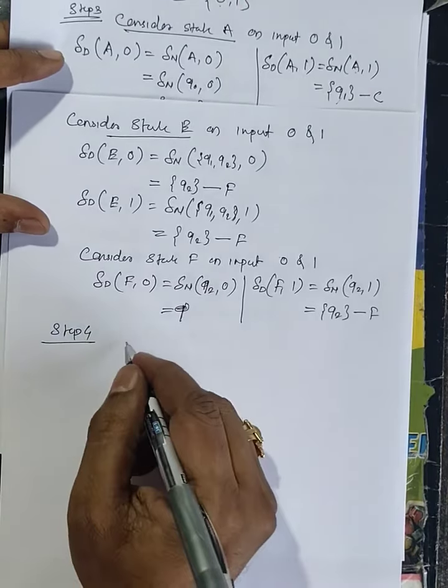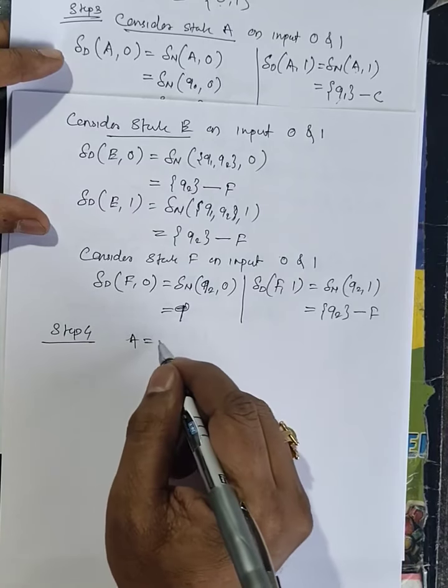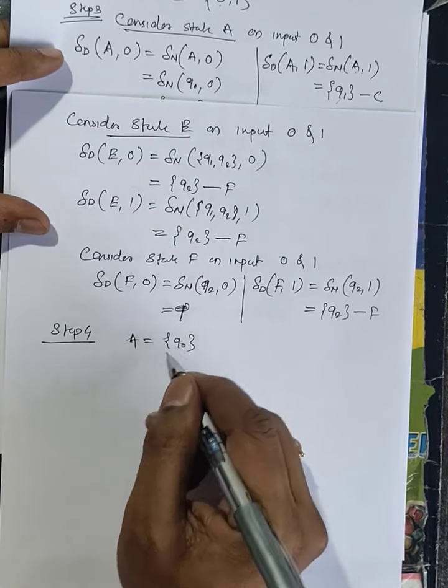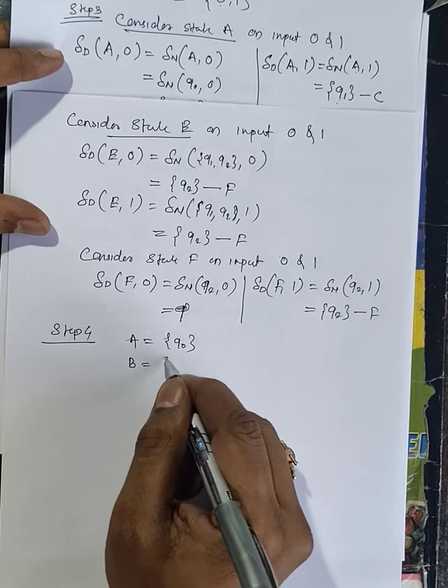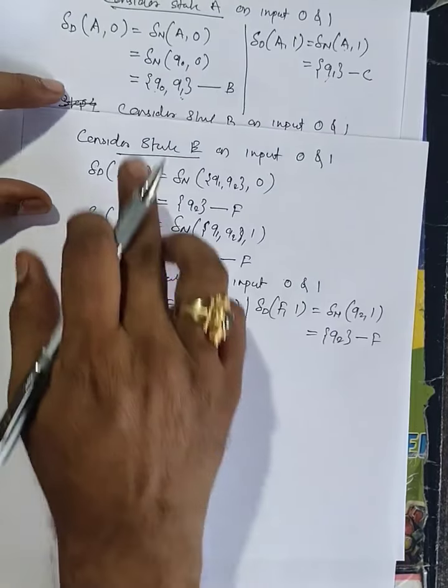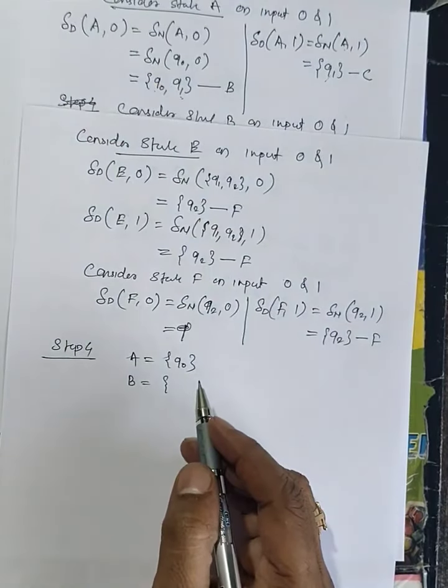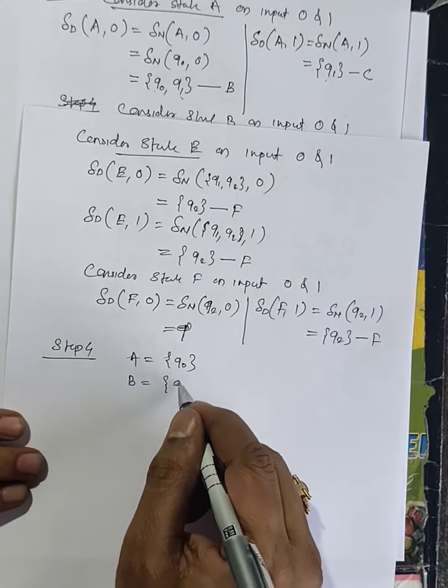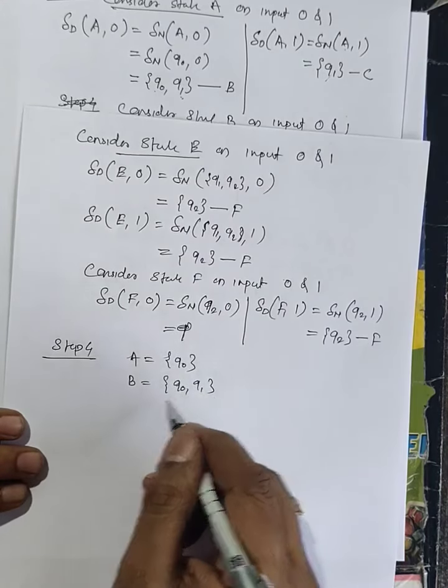Step 4, identify initial and final states. What is A? A equals only Q0, and B equals Q0 and Q1.